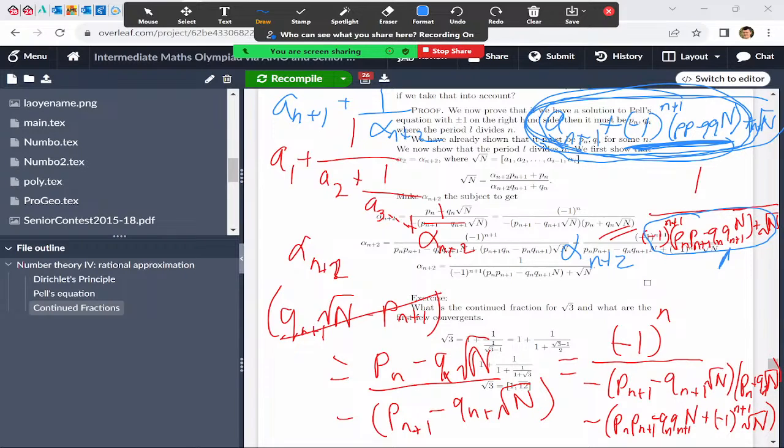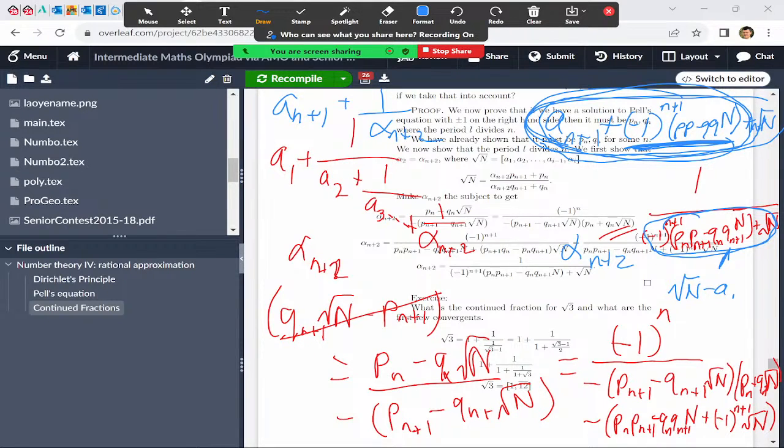So for 1 on alpha plus 2 to be less than an integer, this literally forces this thing to be root n minus a1. It just has to be that. And if it's not, then your proof is incorrect. Then you made a mistake.